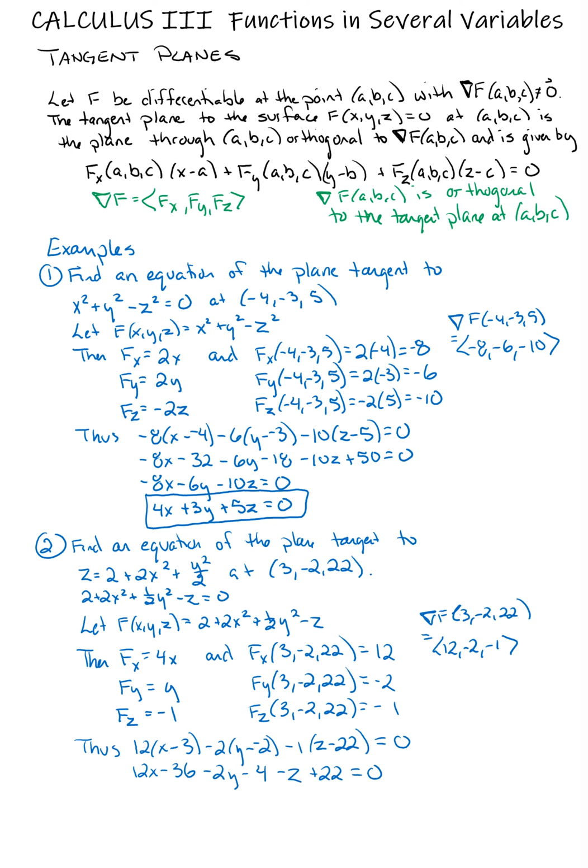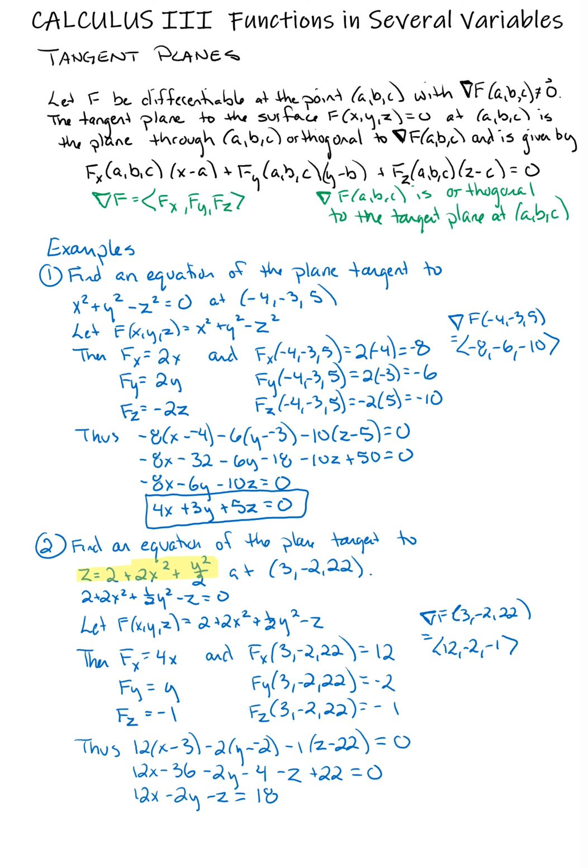Now, following what we did previously in example 1, we would write this as 12x minus 2y minus z is equal to, what is that, 18. That's what we get. Watch those positives and negatives. However, that is completely acceptable. That is an equation of the plane.